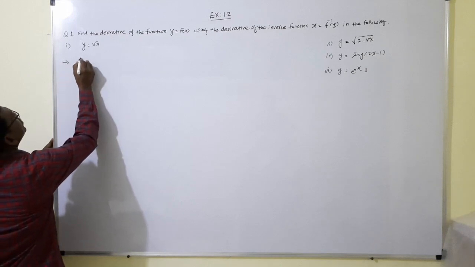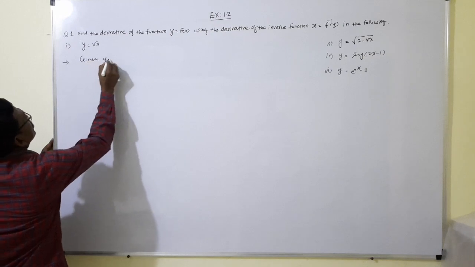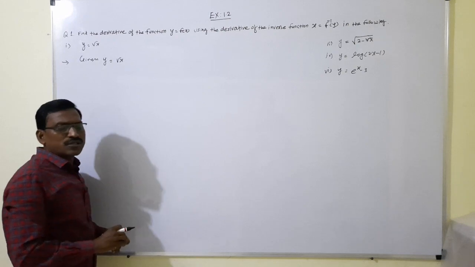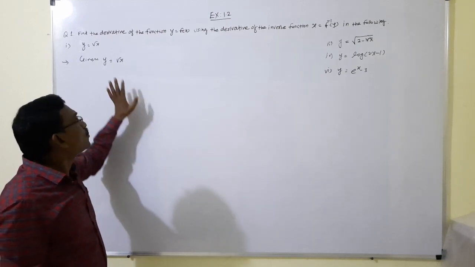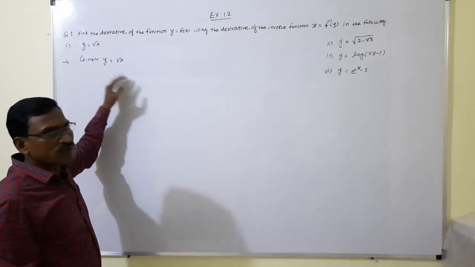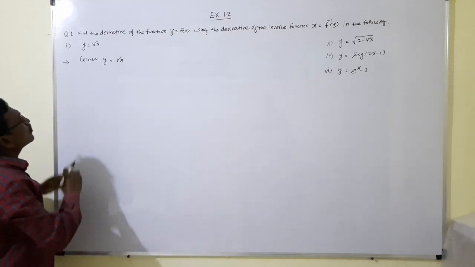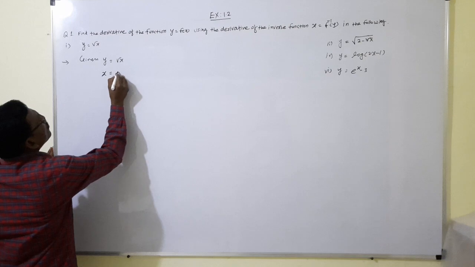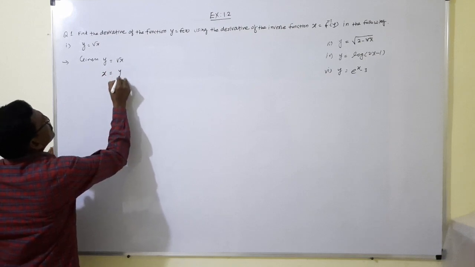Given y equal to root x, we have to convert this function into its inverse function. So this is x equal to y square.